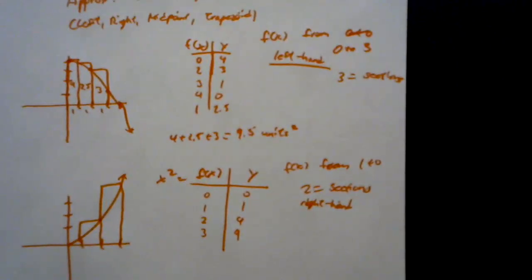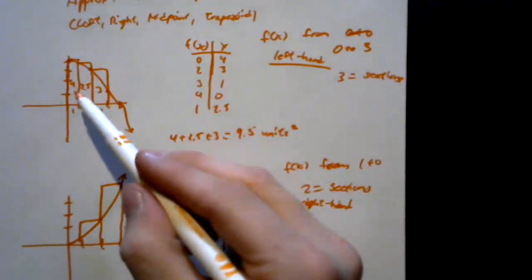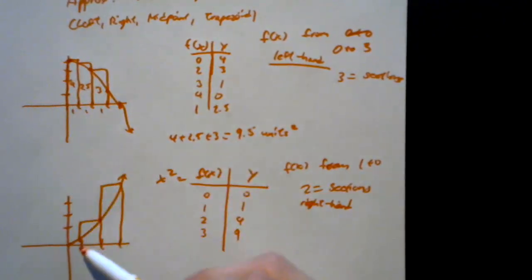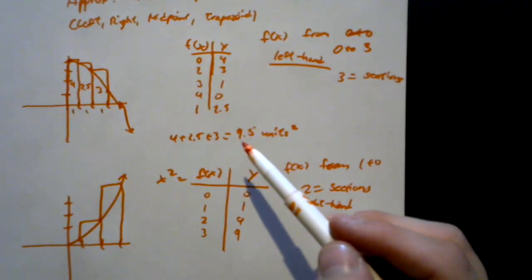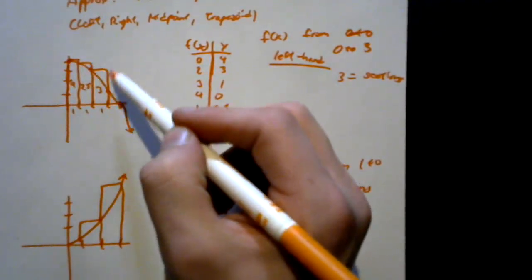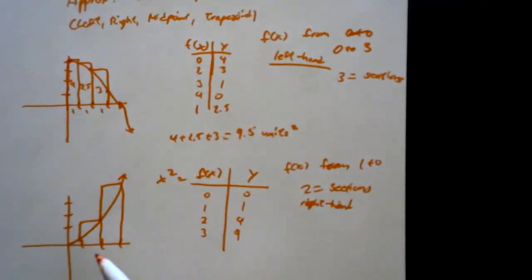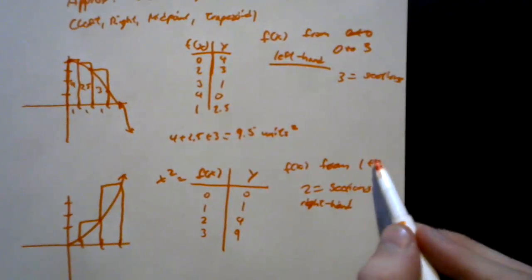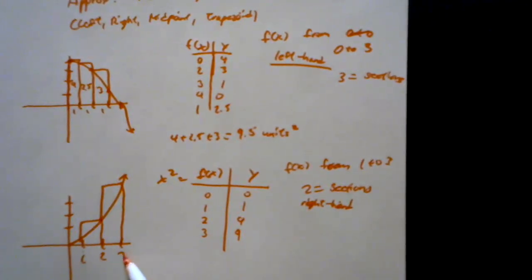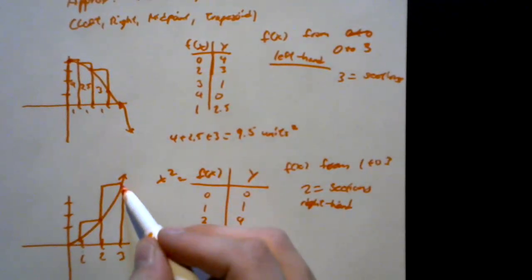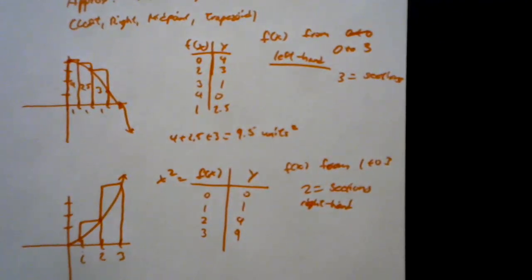So the difference between a left hand and the right hand is the left hand, depending upon the function, you'd use the left hand function depending upon what one they're talking about, or the one usually next door to it, to figure out their angle. Because if they're doing from 1 to 3, and they're doing 2 equal sections, you have to do from 1 to 2 to 2 to 3. So you have to use the third and the second one.